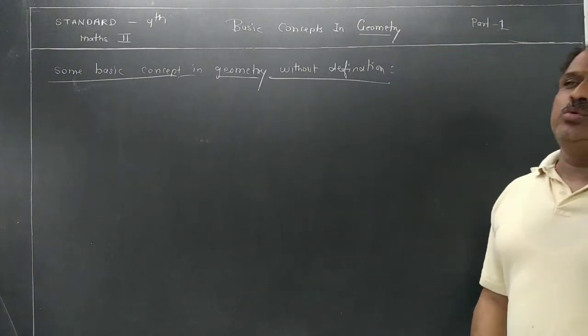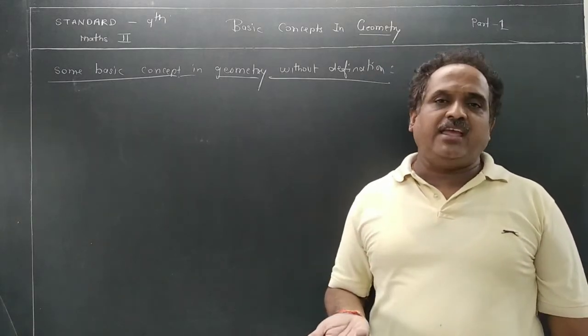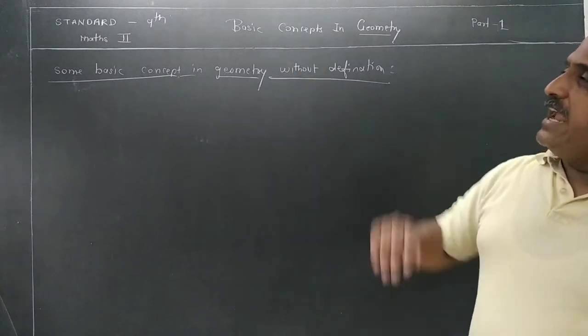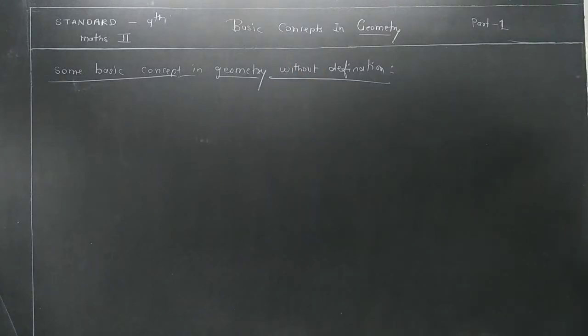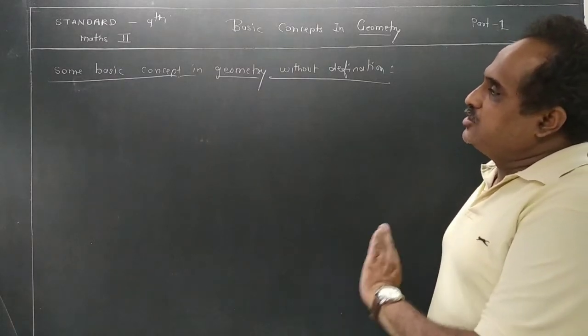If I told you to define number, what would the definition be? There is nothing. In maths, a number is taken as a number. Similarly, in geometry some basic concepts are there. There is no definition because all have accepted those things.